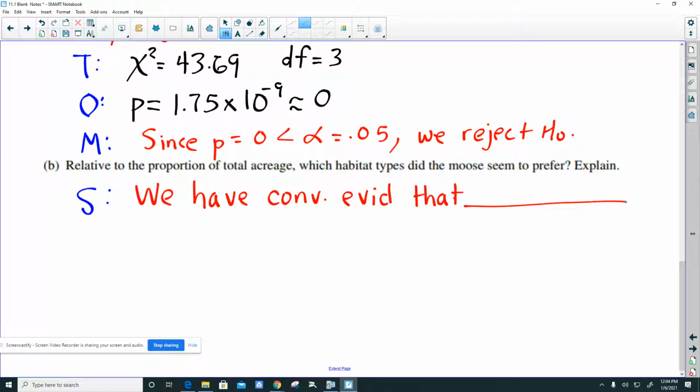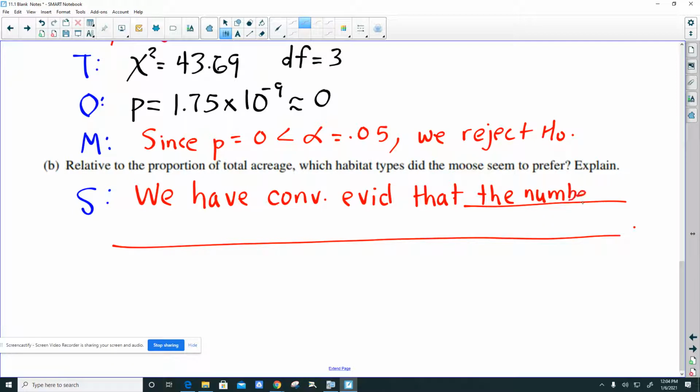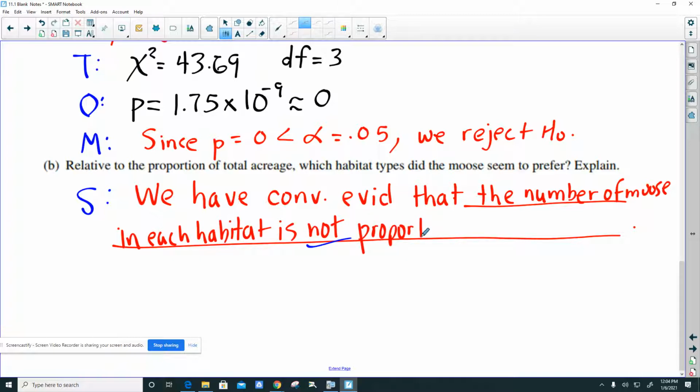It is you looking back up in the problem and simply rewriting your alternative hypothesis, which is that the number of moose in each habitat is not proportional to the acreage in that habitat.